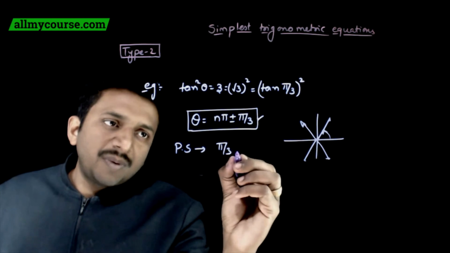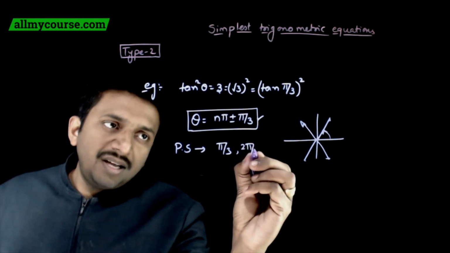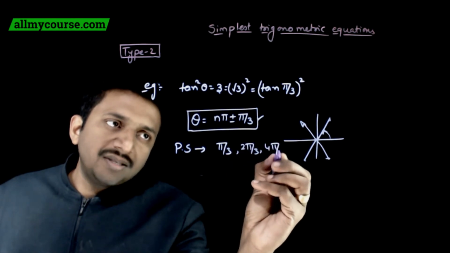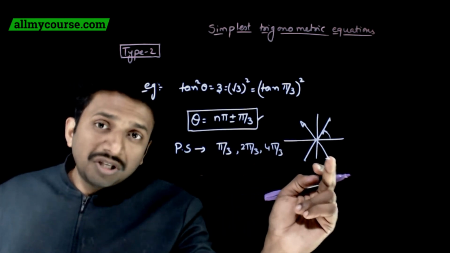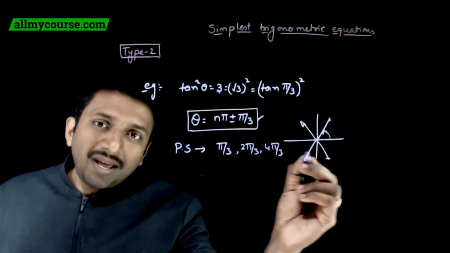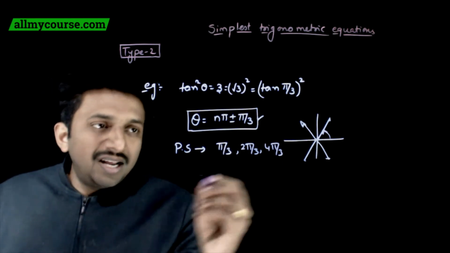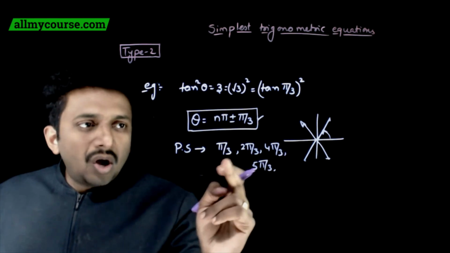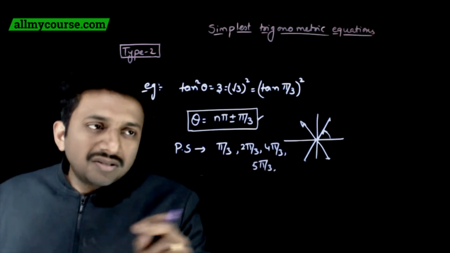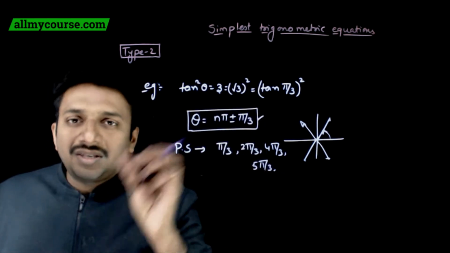Pi plus or minus pi by 3, that is 2 pi by 3 as well as 4 pi by 3 is a solution. And next you have the solution in the fourth quadrant, 2 pi minus pi by 3, that's 300 degrees, which is 5 pi by 3. So all these 4 are the principal solutions to this equation.